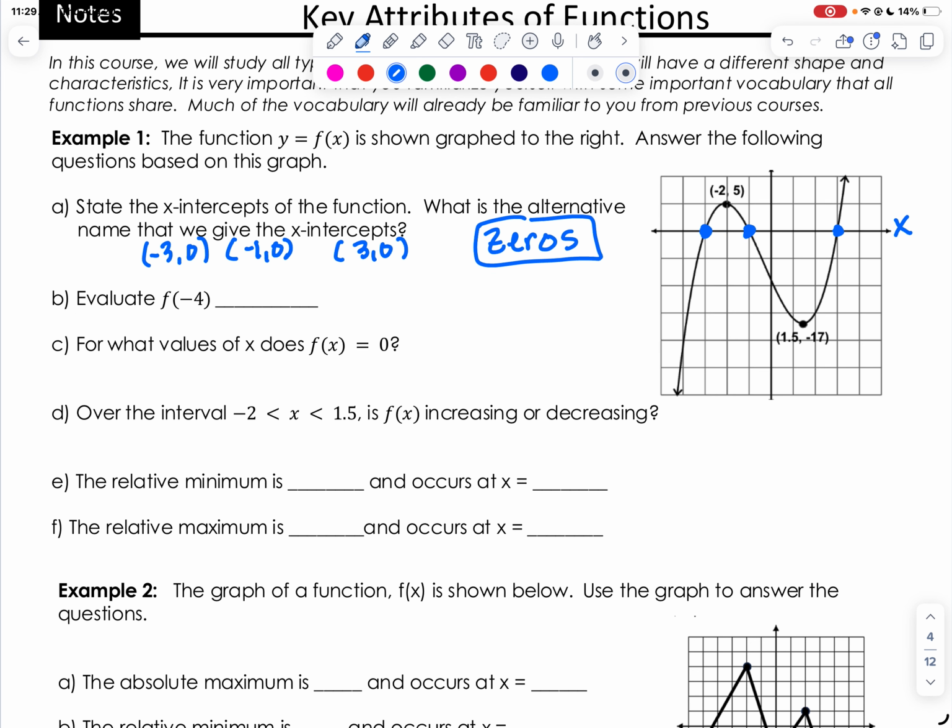All right, for what values of x does f of x equal 0? Well, remember, f of x is the same thing as y. So we want to know, when does y equal 0?